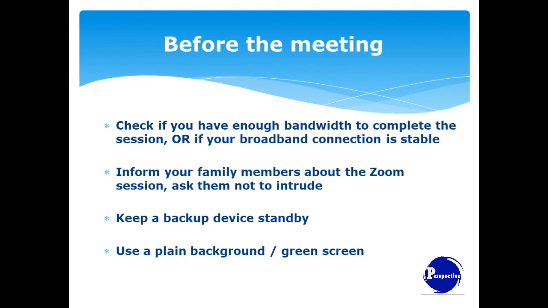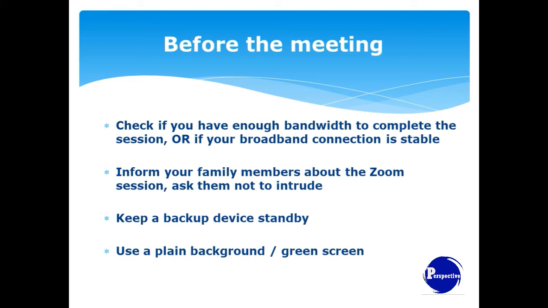For example, you are attending the meeting from your laptop maybe, and it's connected through broadband. Now in the middle of your meeting, broadband goes off and you don't know what to do, and you're cut off. So what you should do is to install Zoom on your mobile phone as well, and buy some pocket data so that you can participate in the meeting even if electricity goes off and your broadband is cut off. Now, that's what you should do.